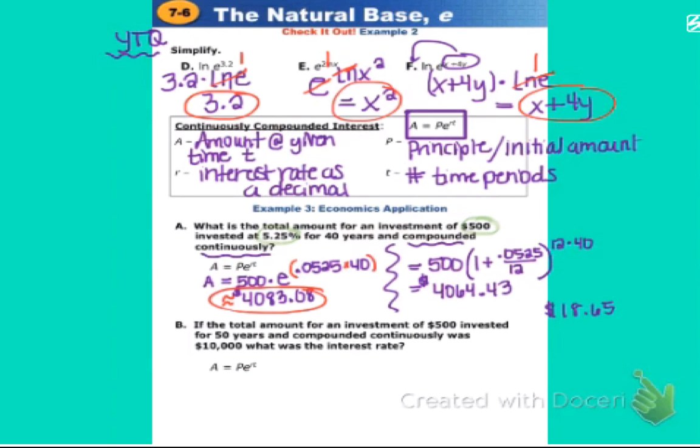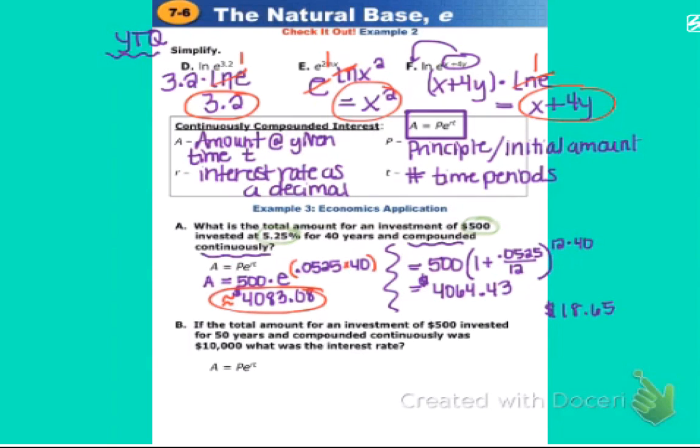Okay, so if the total amount of an investment of $500 invested for 50 years and compounded continuously was $10,000, so I invested $500 for 50 years, and at the end of those 50 years I had $10,000, what must have been the interest rate they were paying me?